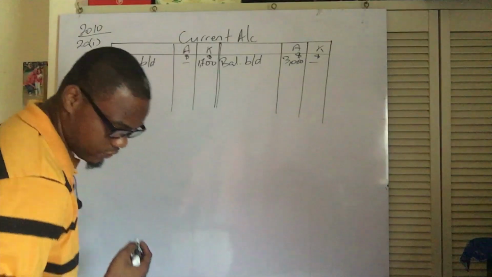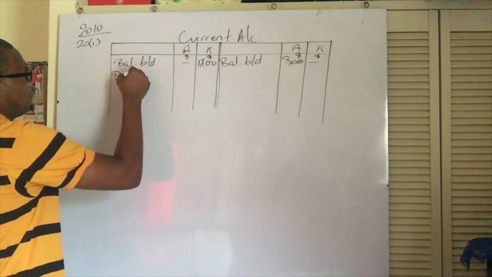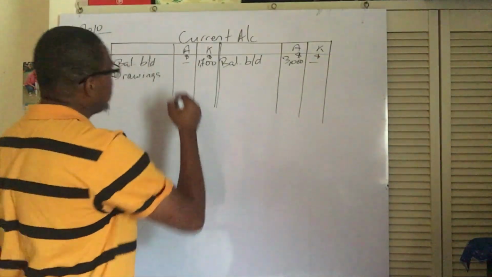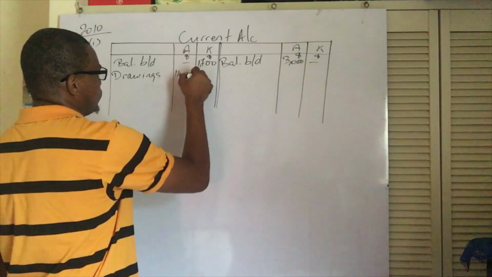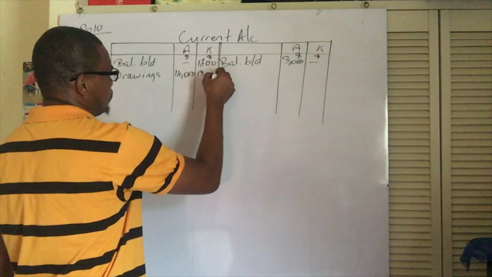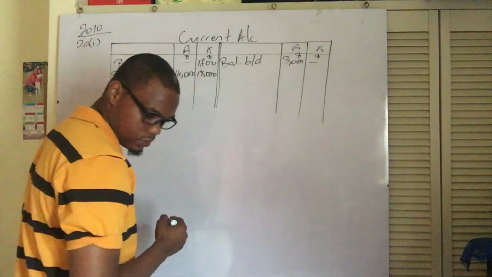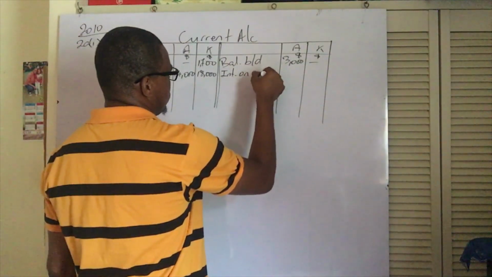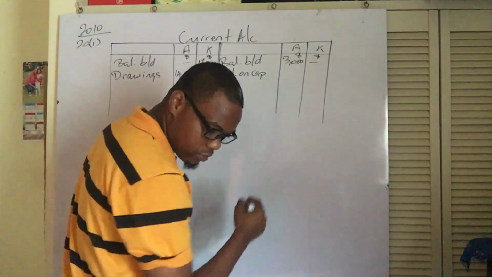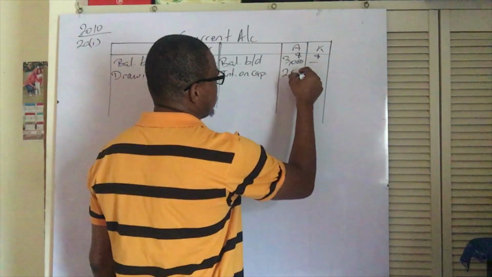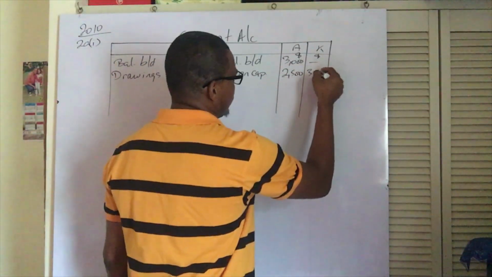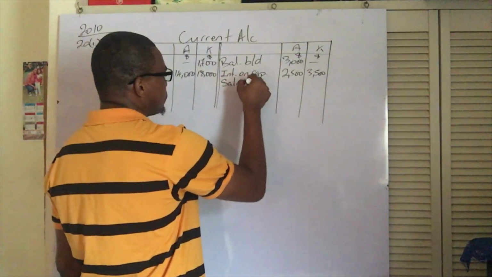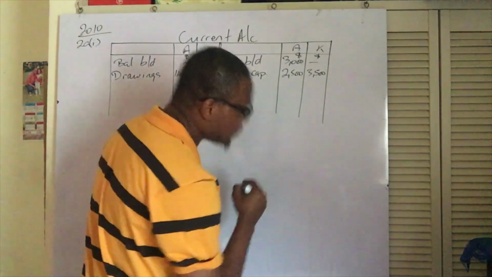Alright, we have a drawings figure, 14,000 and 18,000. Then you have interest on capital, 2,500 and 3,500. Then we have salary, which is 15,000 and 8,000.